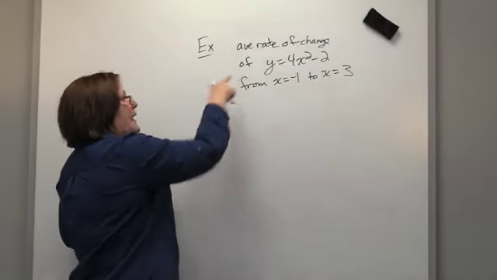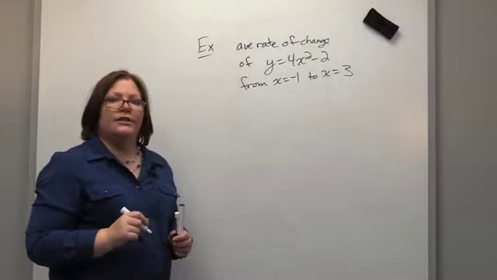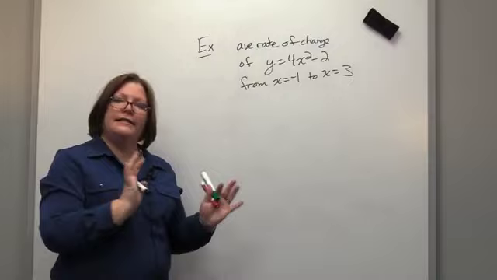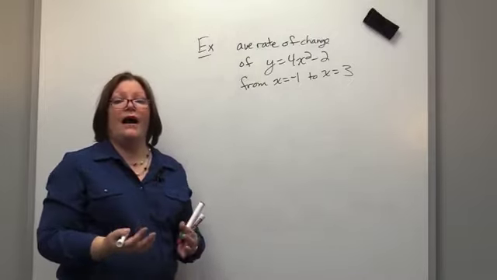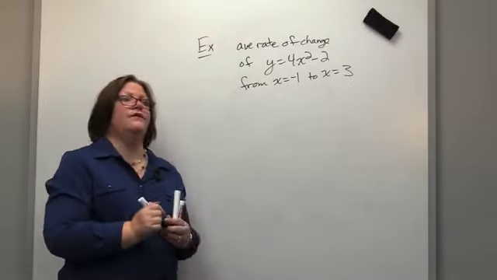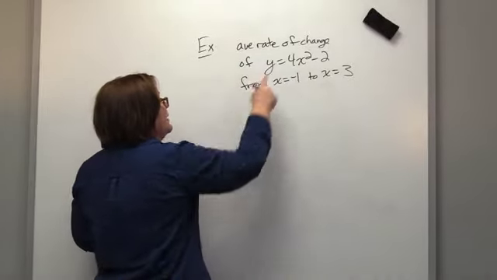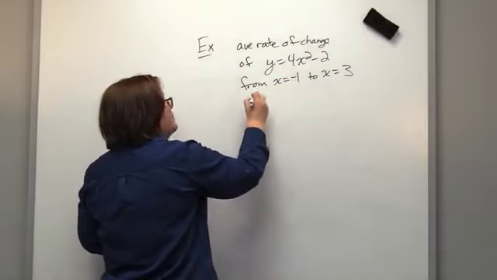So again, we have change in y over change in x. This one, unlike the one with the data chart, we have to figure out what the y values are before we can figure out the change in those y's. So we need to figure out that we have 2 points.